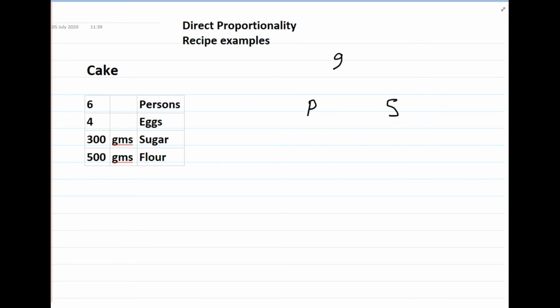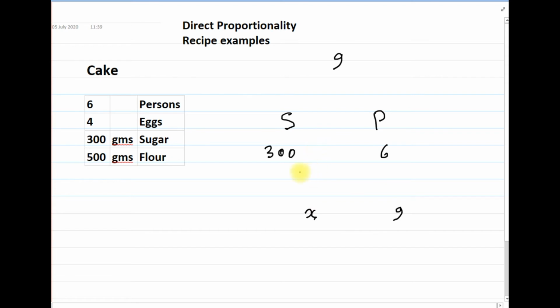Let me erase this just to indicate that the columns could be quite arbitrarily placed. So we have the amount of sugar and the number of people that we cover. 300 grams of sugar covers 6 people. Now I want a recipe to cover 9 people. How much sugar do I need?